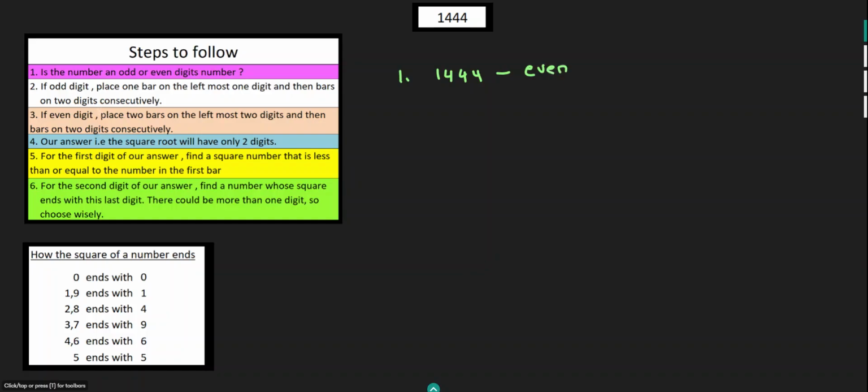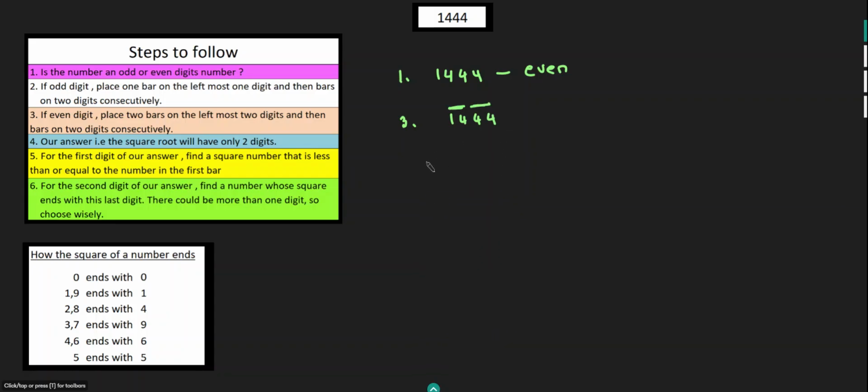Since it is an even digit number, we can skip step 2 and go to step 3. In step 3, we need to place the bars. We take our number 1444, and since it is even, we place one bar on the leftmost two digits and then a bar on the next two digits.